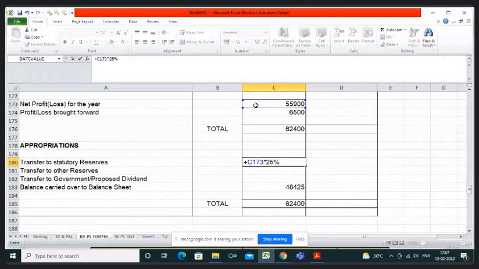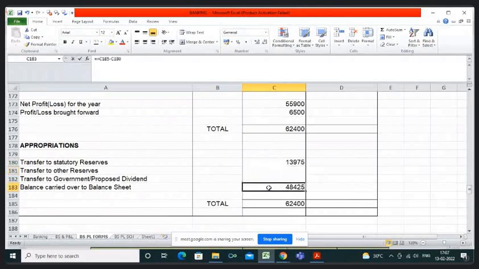What will be the amount? The amount will be 13,975. How much will be the balance? The balance will be 62,400 minus 13,975, 48,425. So both these will go to schedule number 2, reserves and surplus. One under the statutory reserve, another under the balance of profit and loss account.